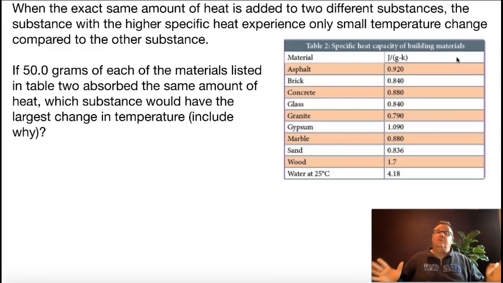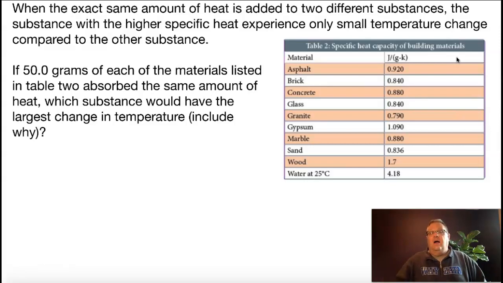If I take two different substances, and these substances have very different specific heats, and I add the same amount of heat, the same Q, to the same mass of each of the substances, the substance with the larger specific heat is going to have the smallest temperature change.